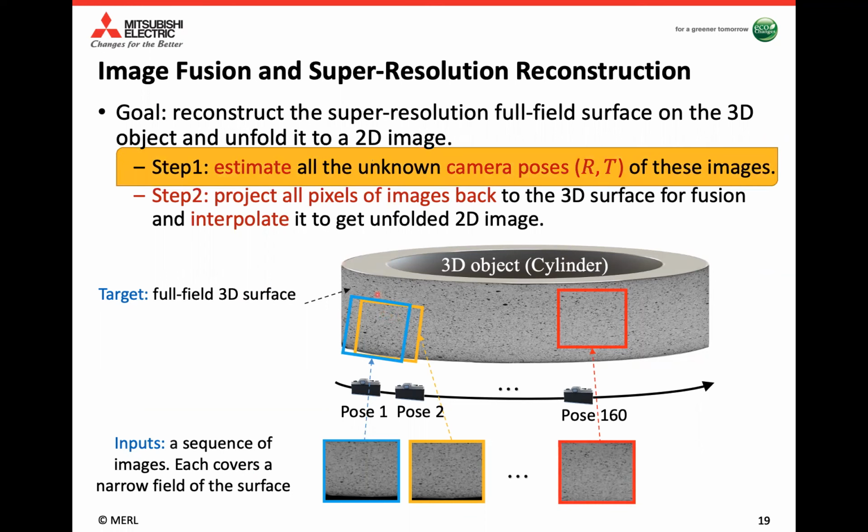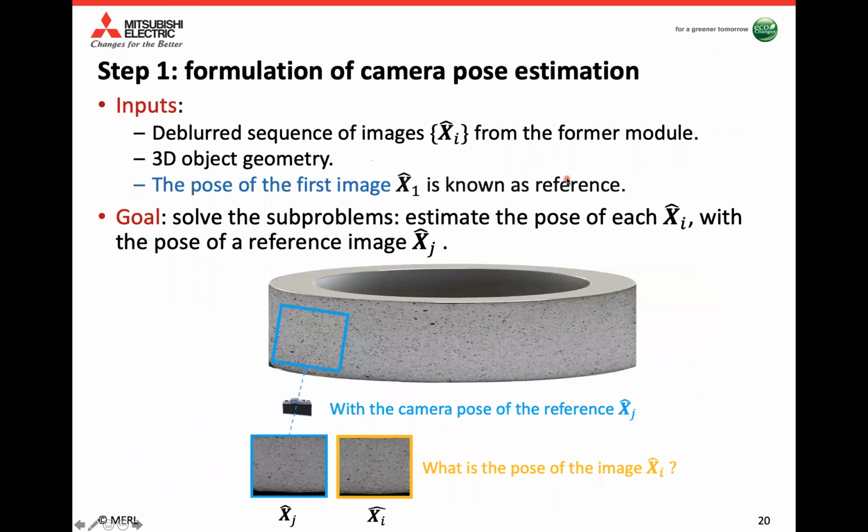The most essential part is how to estimate all the camera poses. The camera pose estimation for all the images in a sequence can be seen as multiple sub-problems. With the first image's camera pose as reference, by induction, we assume that we know the camera pose of a reference image xj.